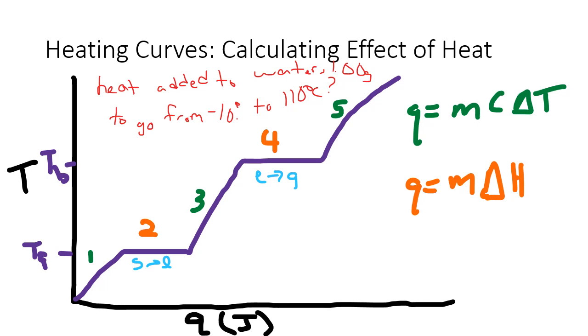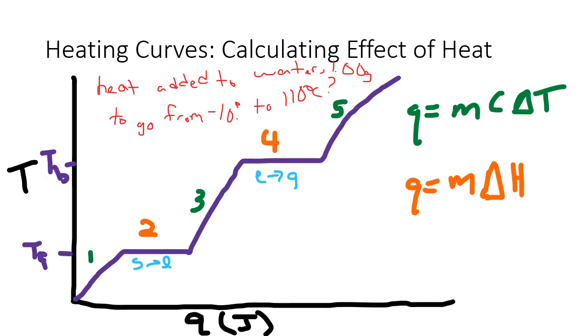We go from solid to liquid on a flat, because at your phase change, your temperature does not change, even though you are adding heat. Then we have another slant where we're raising the temperature of the liquid. We have a flat where we're going from liquid to gas, and we have a slant where we're going to raise the temperature of the gas.